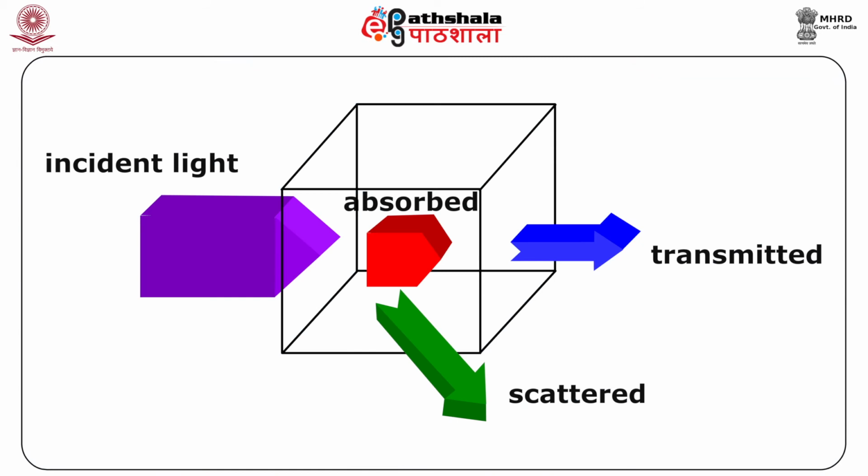There are two laws governing the absorption of radiation, which are related to the incident light taken as I0, which should be equal to IA plus IT, where IA is the intensity of light absorbed, that is, the small a represents the word absorbed, and IT is the intensity of light transmitted, where the small t represents the word transmitted.